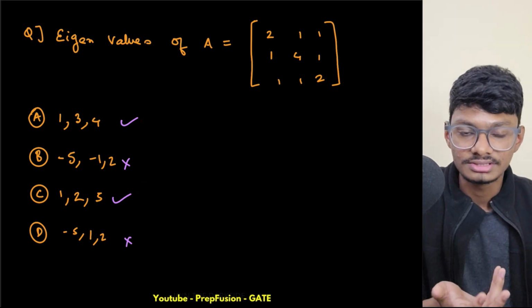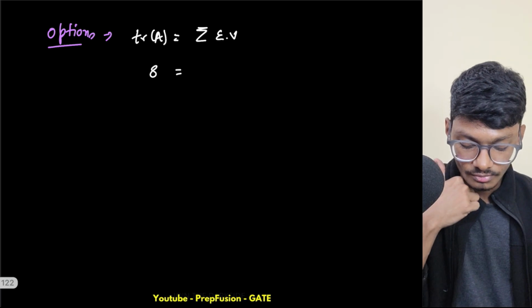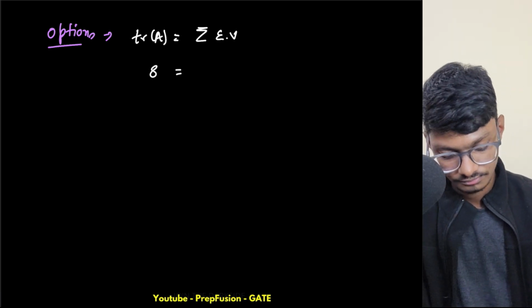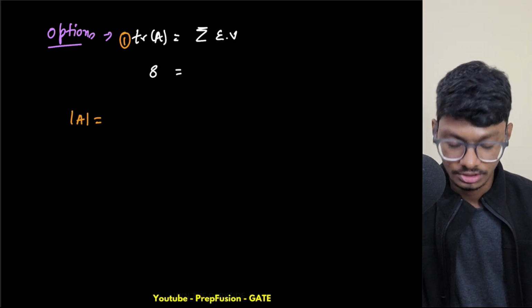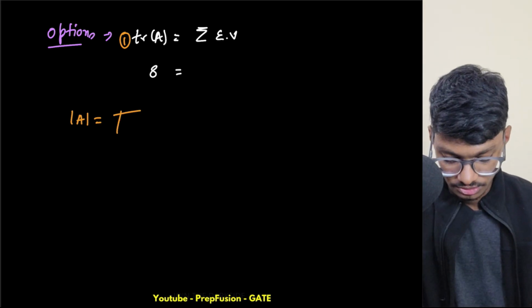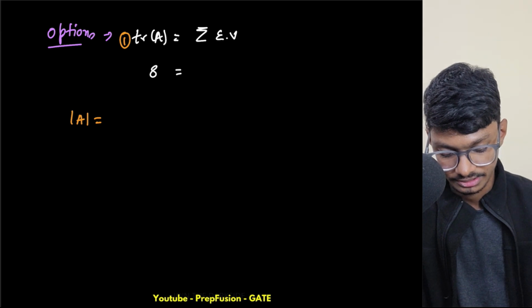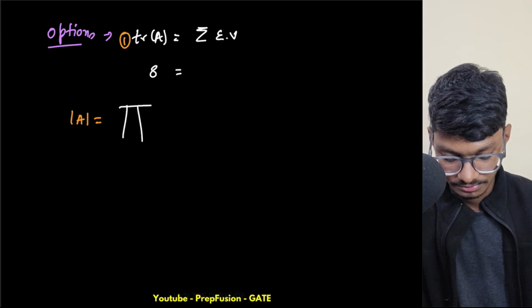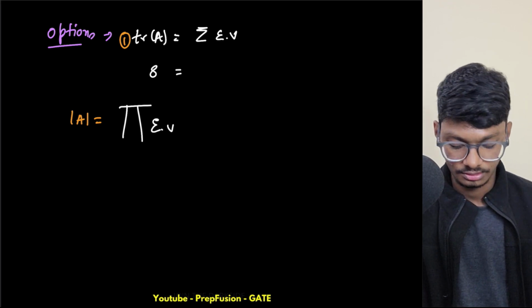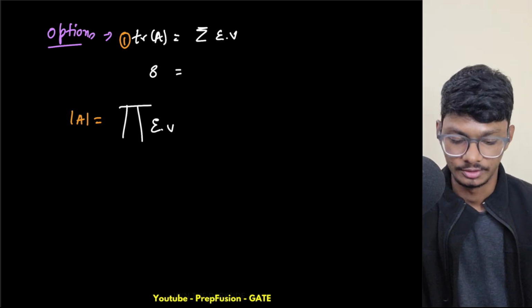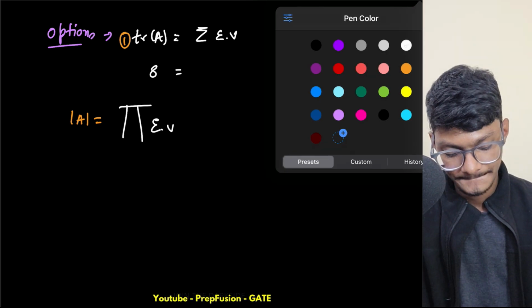Now what is the second condition? The second condition is that the determinant of A should be equal to the product of my eigenvalues. We write the product symbol like this, a pi symbol, of my eigenvalues. So now what is my determinant of A? Simply you can compute it.